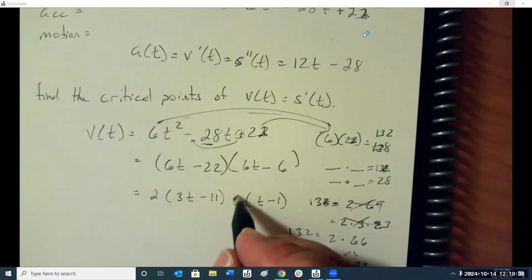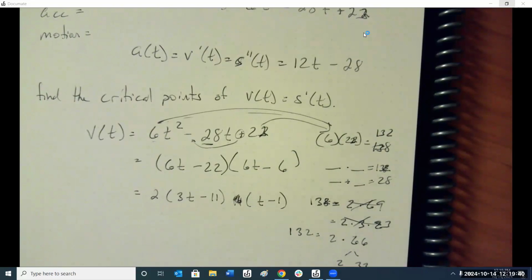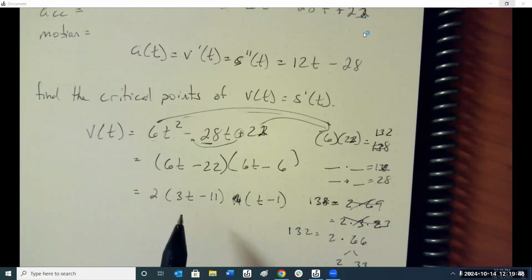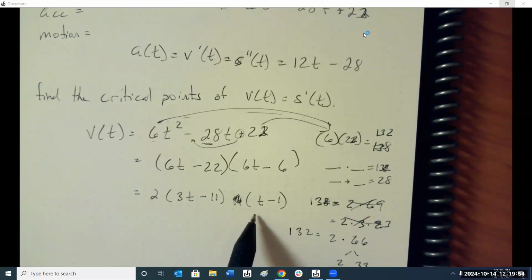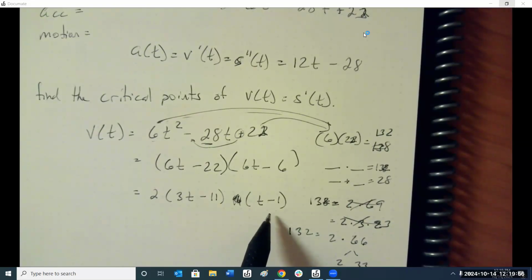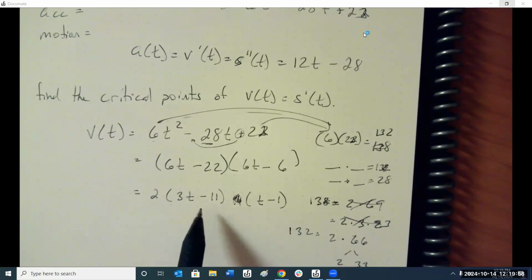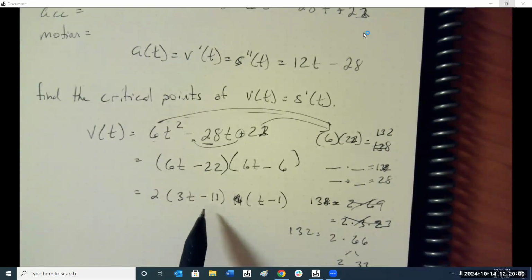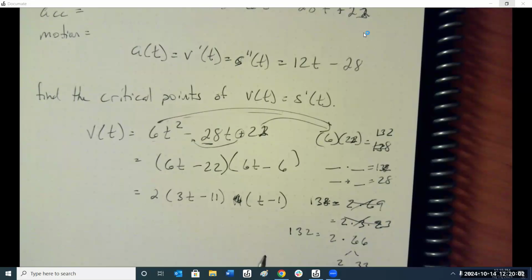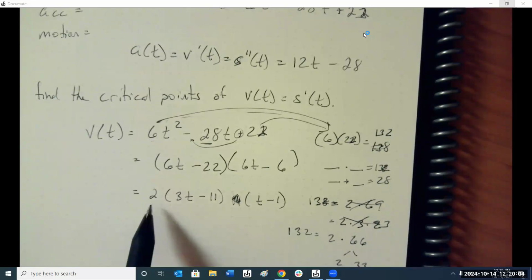And delete whatever you factored out. Factor 2.